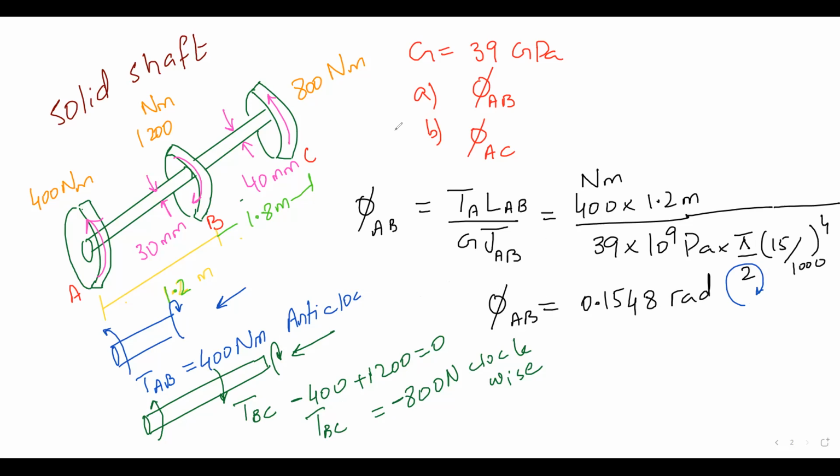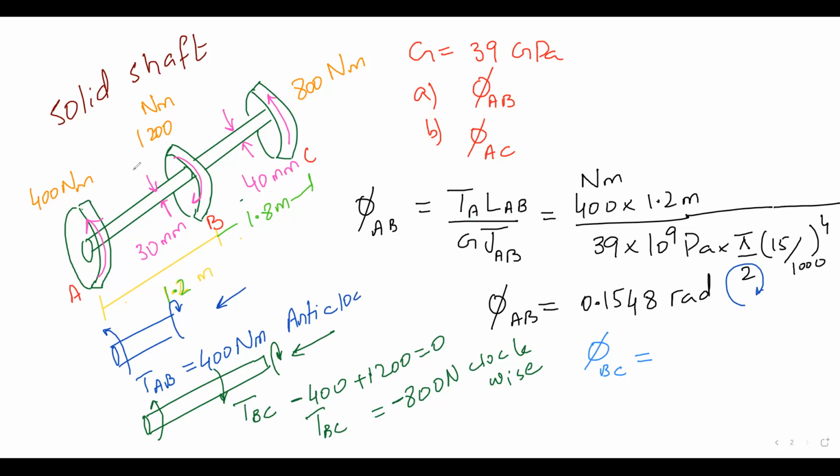Okay, then I have the last chunk as phi BC equal to, okay, do the whole drill for me. You have to find the J again, by the way. This is TAB. So you can write here, not TA, TAB actually.